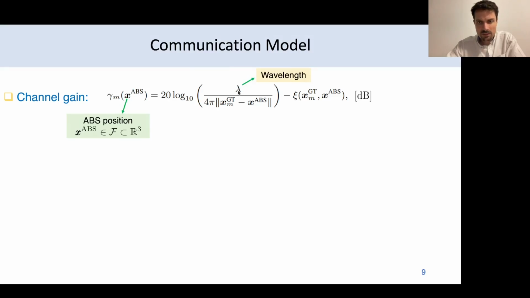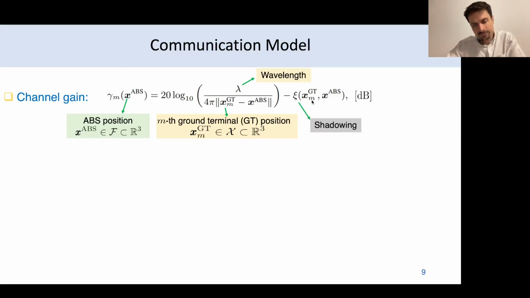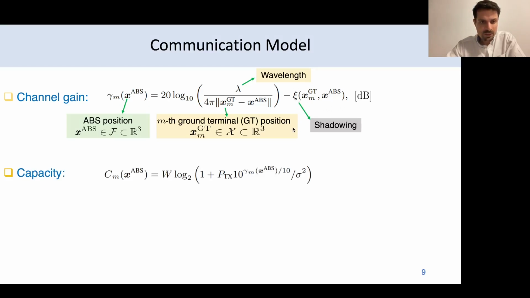This is the wavelength, and this is the position of the mth user, which here we can also call ground terminal, as in the literature. And this is the shadowing term, okay, which we will predict using a tomographic map.